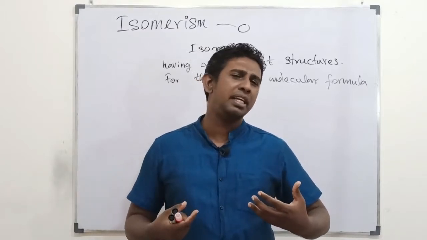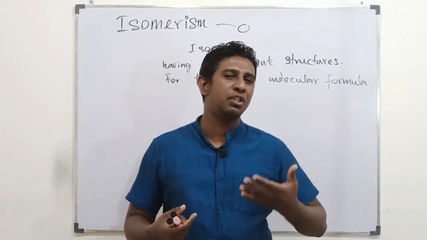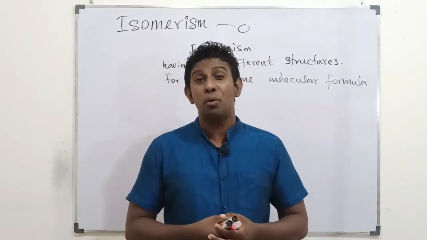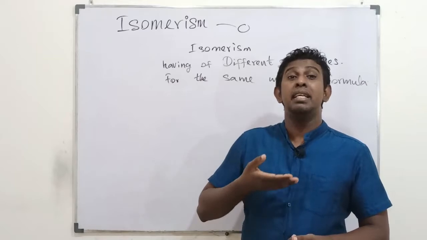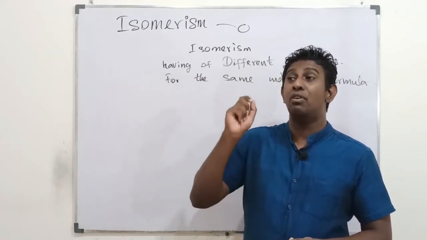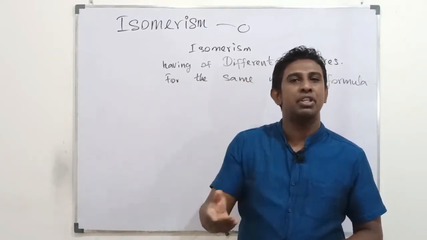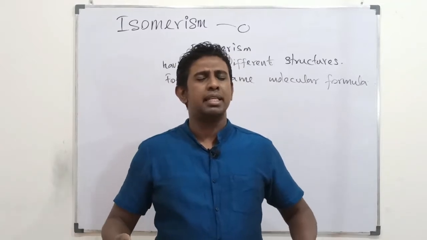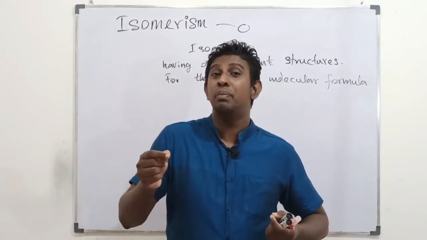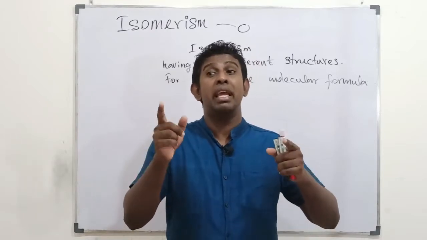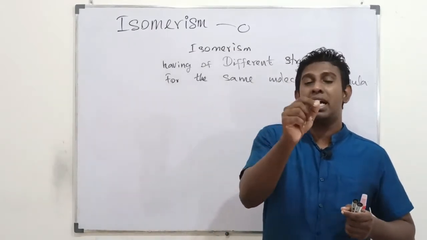We are going to find out that for the same molecular formula it's sometimes possible to have different compounds. So we need to learn how they would be different from each other.